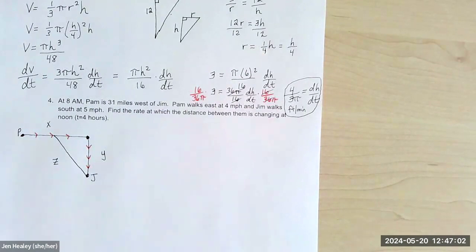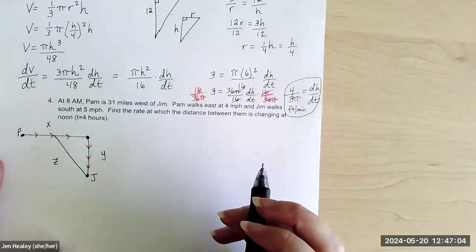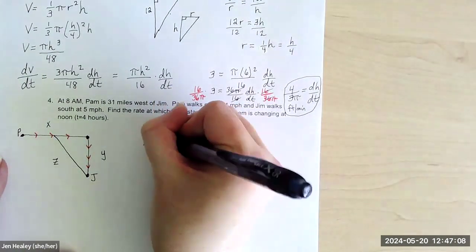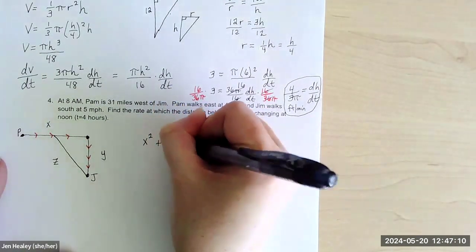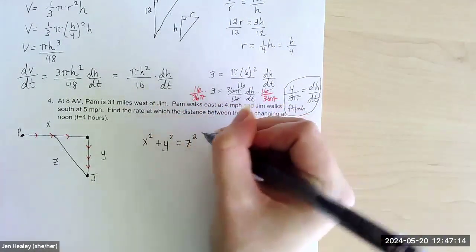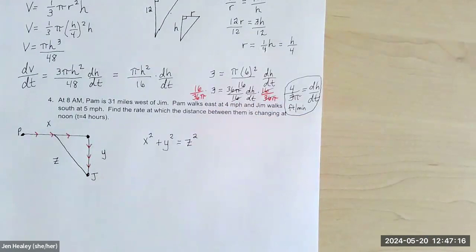And so something that we can say about a right triangle is that the x squared value plus the y squared value is supposed to equal the z squared value. We do know that. And then they gave us a bunch of really weird other information that isn't quite as straightforward.